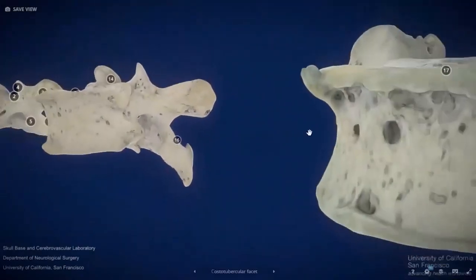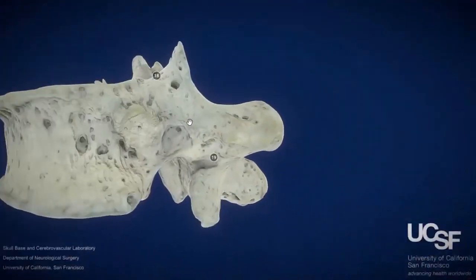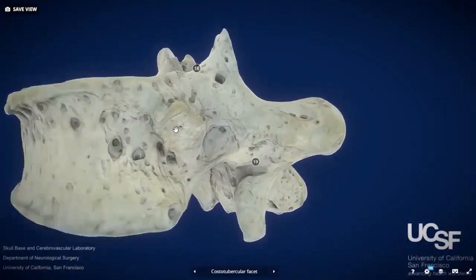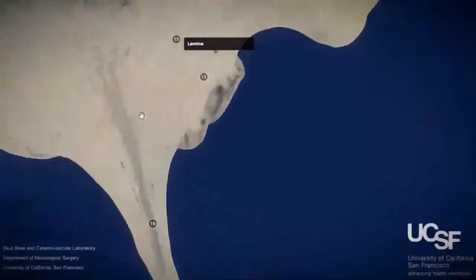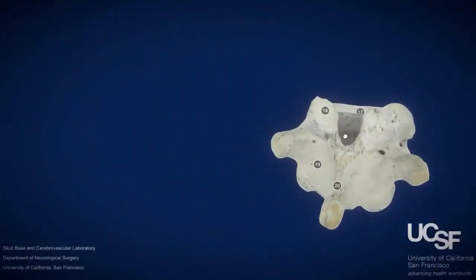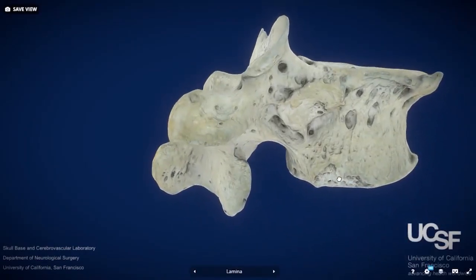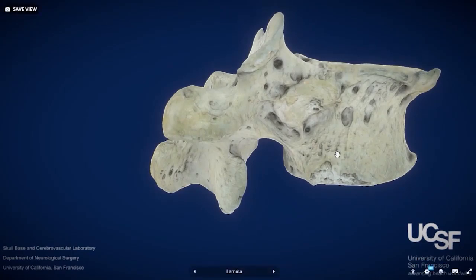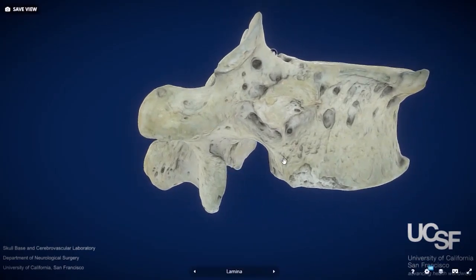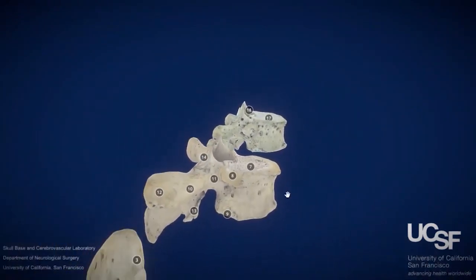If we move towards L5, we can identify again a superior demifacet and an inferior demifacet that has a smaller surface compared to T5.